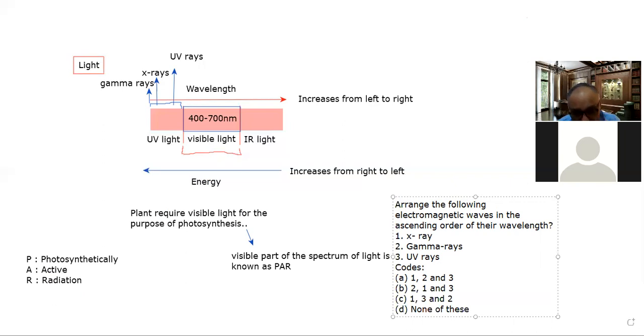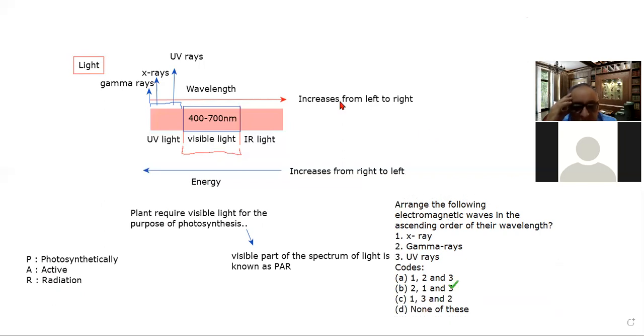In terms of wavelength, the rays with the shortest wavelength are gamma rays, then X-rays, then UV rays. So the correct answer would be 2, 1, 3.